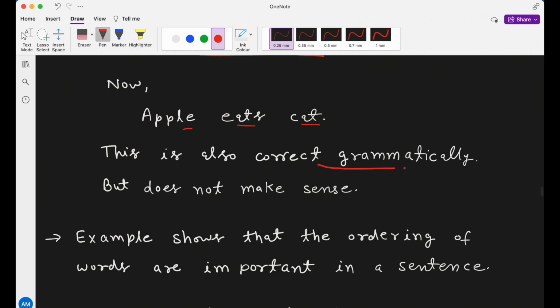This is also grammatically correct, but this new sentence does not make any sense at all. I hope you are getting what I am saying here. We have just changed the positions of two words, and the sentence is still correct grammatically but does not make any sense.